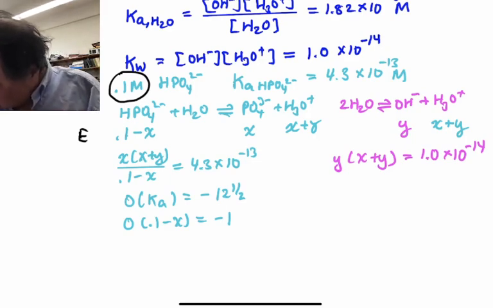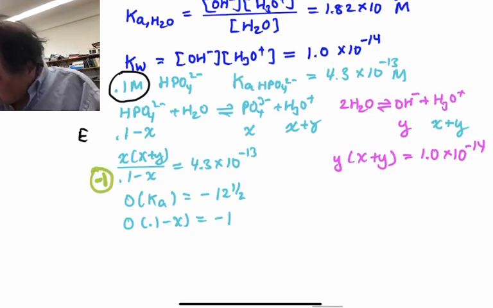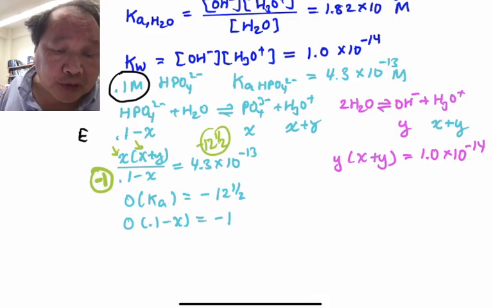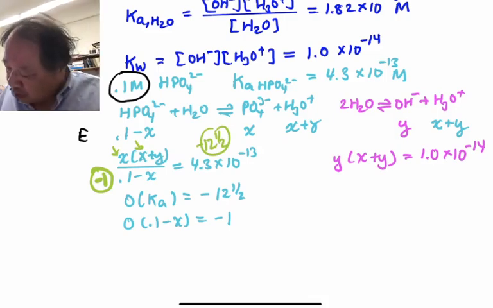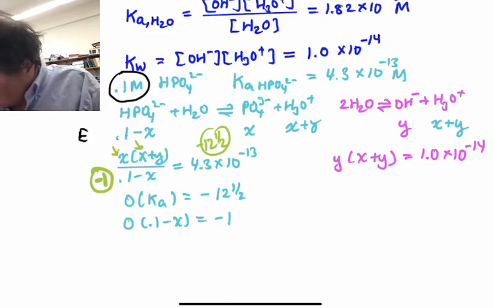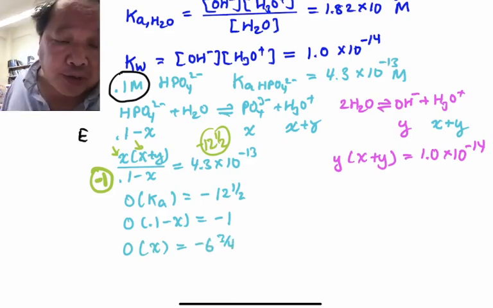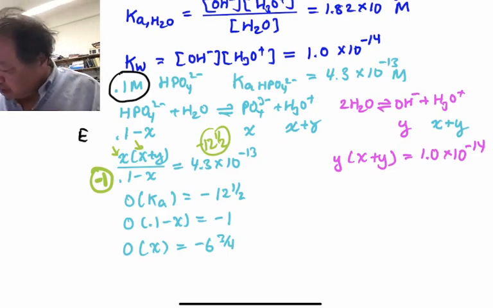And so with that, we have minus 1 as the order of magnitude here, and minus 12.5 is the order of magnitude here. If we say that both X's are the predominant term of the two, we're going to end up with minus 13.5 divided by 2, which is the order of magnitude of X is going to be around minus 6 3/4. And I'm going to keep the quarter mark. We don't have to, just so we can distinguish a little bit better the strength.